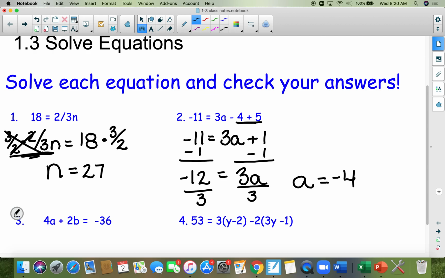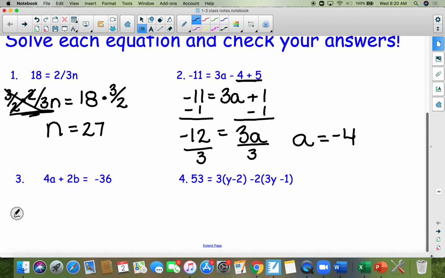Okay, the next couple ones, 4a plus 2b equals a negative 36. The first thing I'm going to do is put like terms together. I think there's a mistake here. This was supposed to have been an a, not a b. Sorry, you guys. So let's change it to 4a plus 2a.